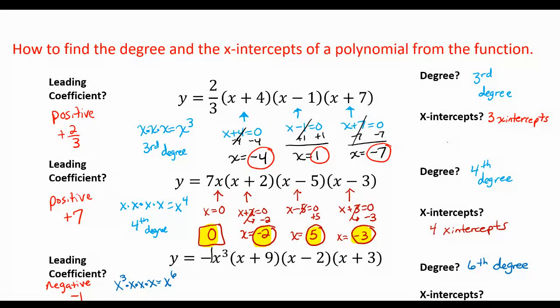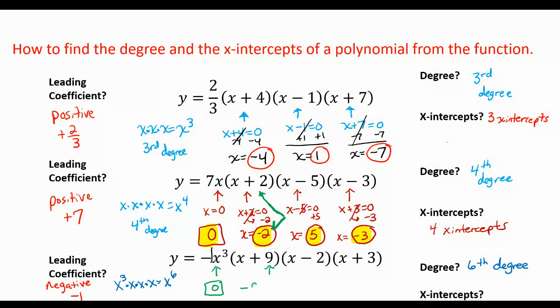Okay. So you have x to the third, another one, fourth, fifth, and sixth. And then where are the x-intercepts and how many are there? This one counts for 0. This one counts, remember, it's just the opposite. Like this one right here, negative 2. See how it's just the opposite of that positive 2?